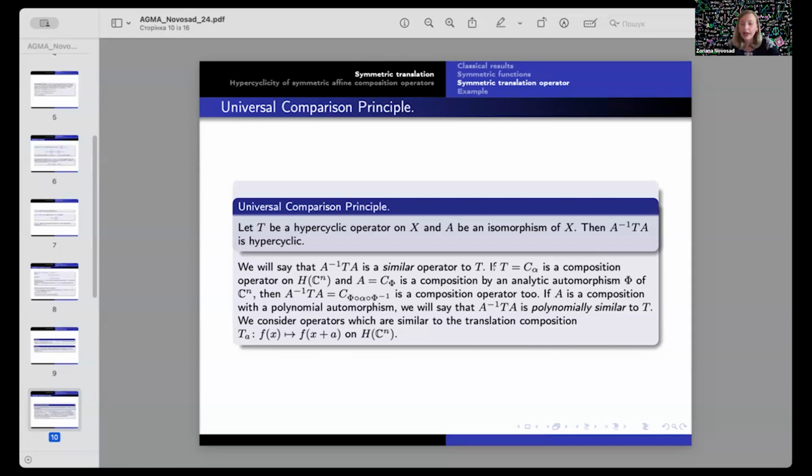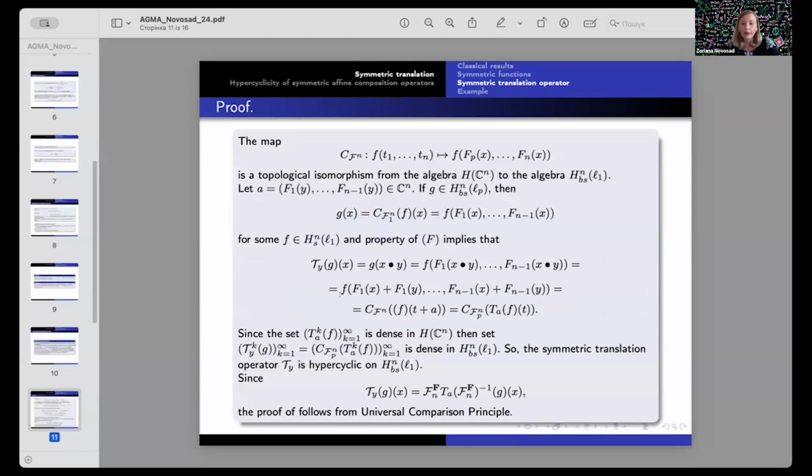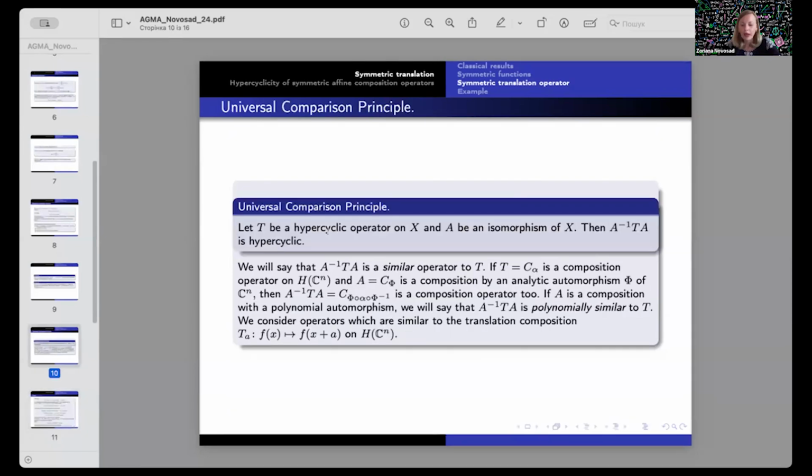If A is a composition operator with polynomial automorphism, we will say that our operator is polynomially similar to T. So we consider operators which are similar to the translation composition operator T_a on the space of entire functions on C^n.